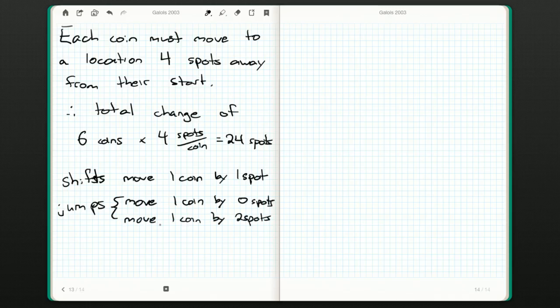So we know we need to have an overall change of 24. We have 9 jumps, and we move 2 spots per jump.